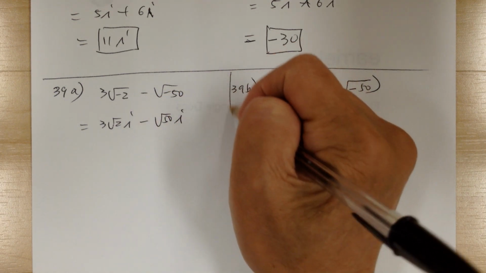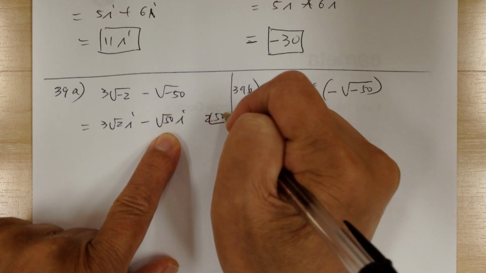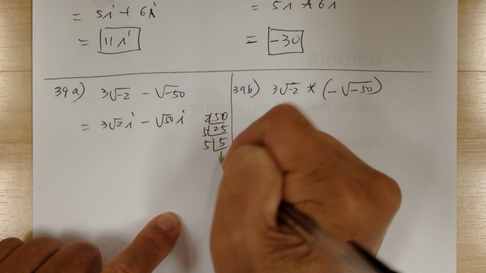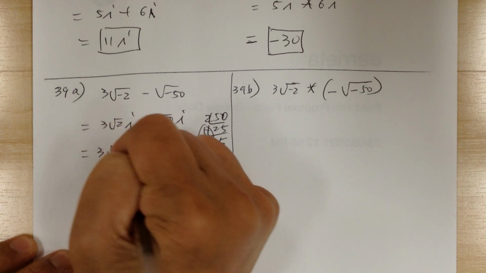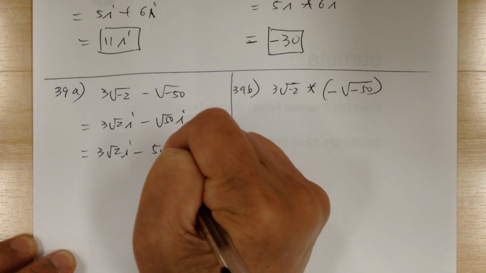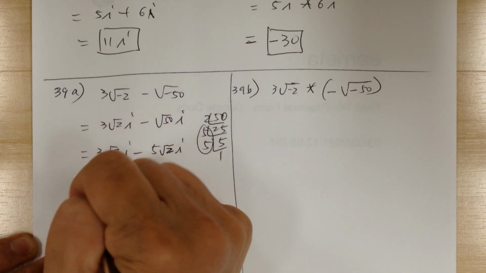Okay, so let's do the 50 divided by 2. You get 25. Divided by 5, get 5. Divided by 5, you get 1. So this is 5 square root of 2. So you got 3 square root of 2i minus 5 square root of 2i. Okay, so you got 3 of these minus 5 of this. You get negative 2 of it, right?